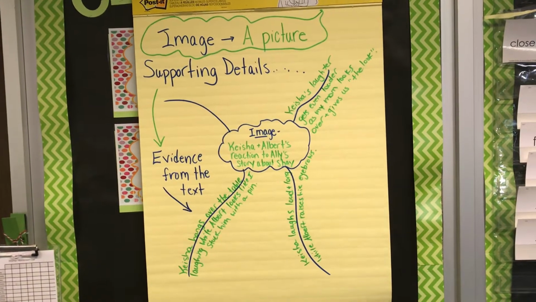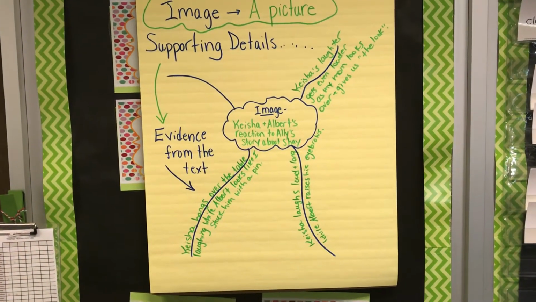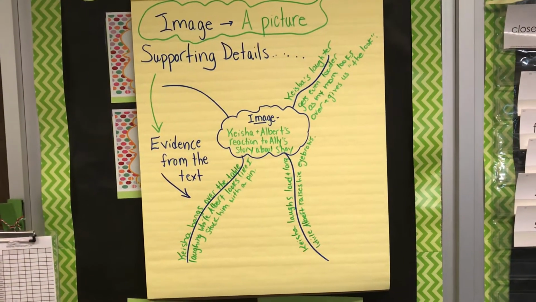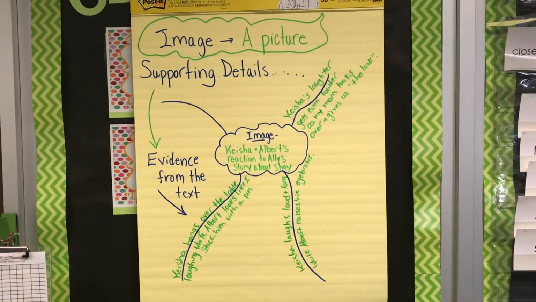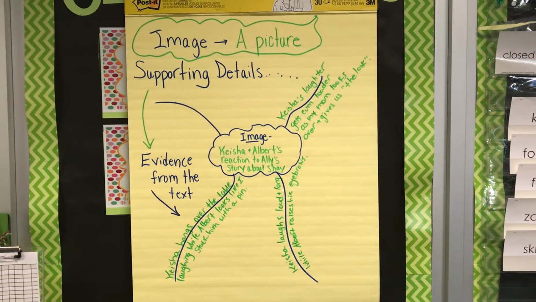And I was thinking about my image of Keisha and Albert's reaction to Allie's story about Shay, and I had some evidence to support that because I pulled details straight from the passage. And I told you yesterday that you would be referring to this to help you with your assignment today.